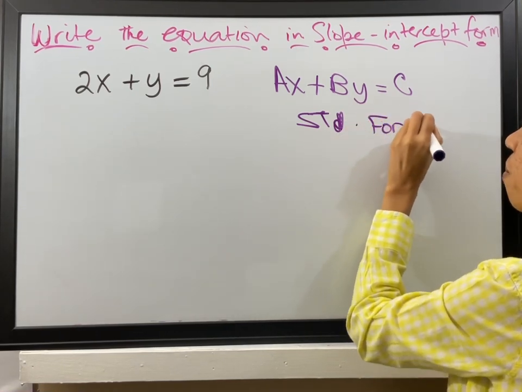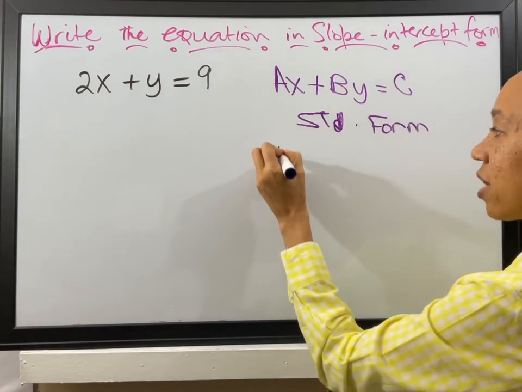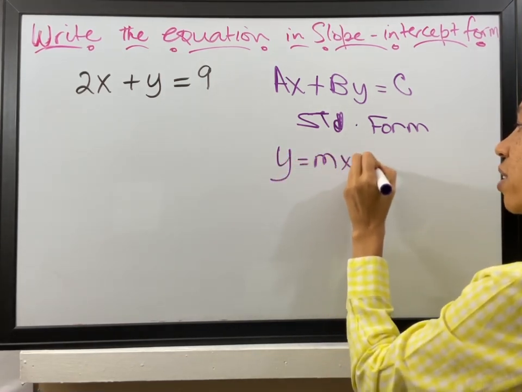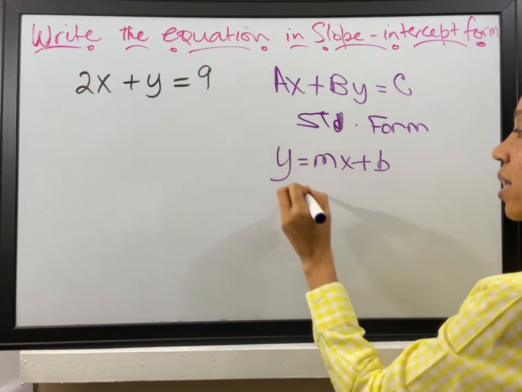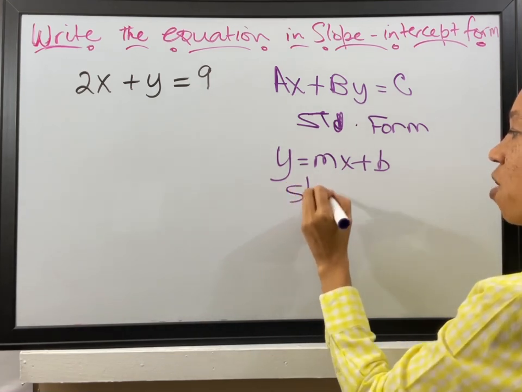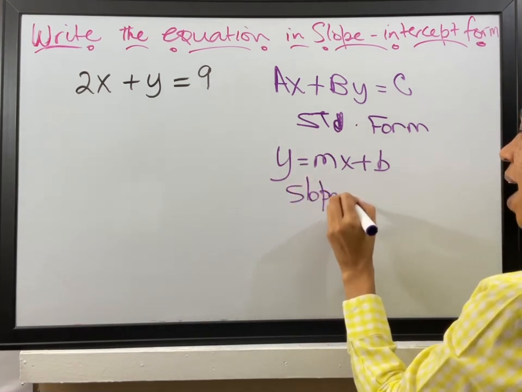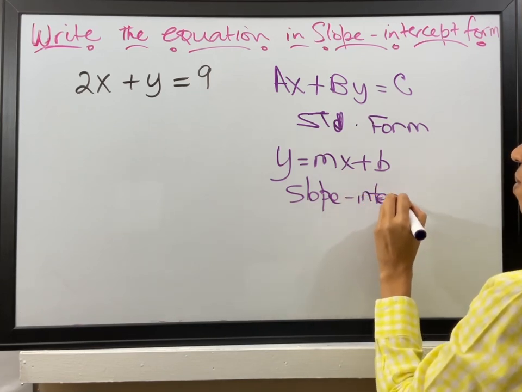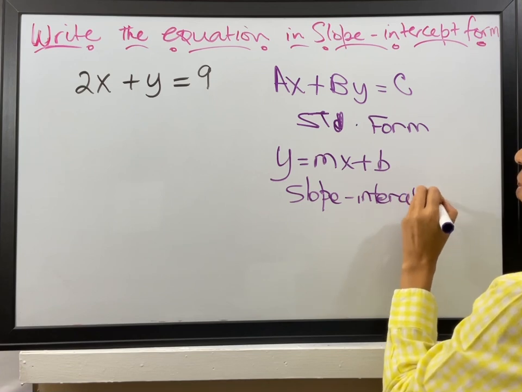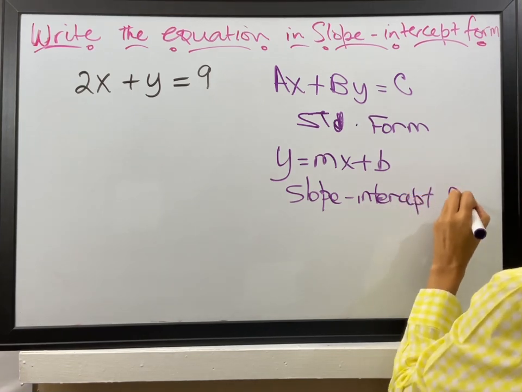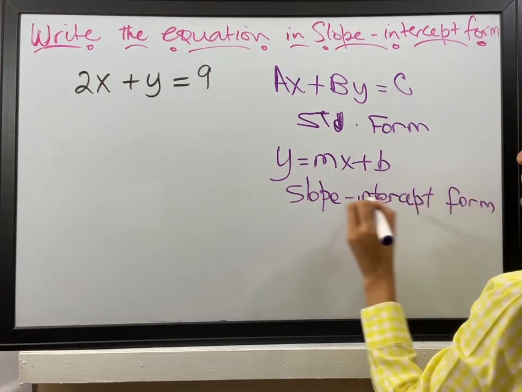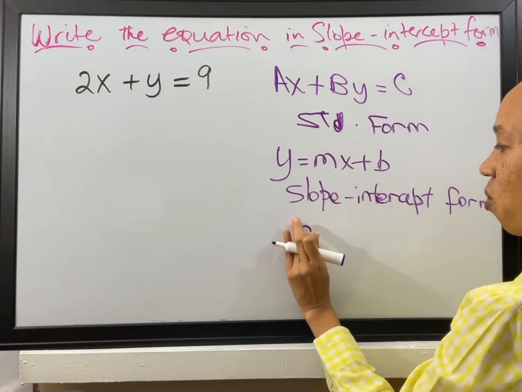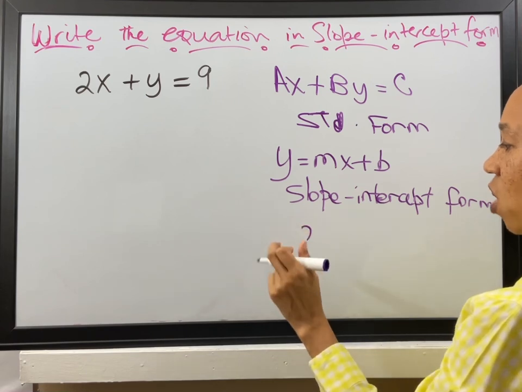So standard form. And now the slope-intercept form is usually in the form of y equals mx plus b, where this is the slope-intercept form, where you know that the m is your slope and the b is your y-intercept, where it crosses your y-axis, all right, on the graph.